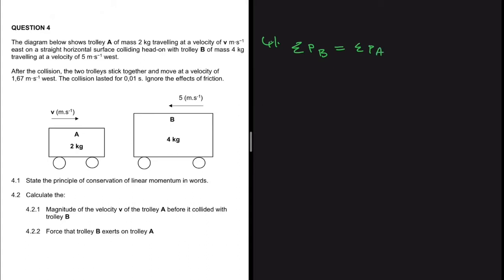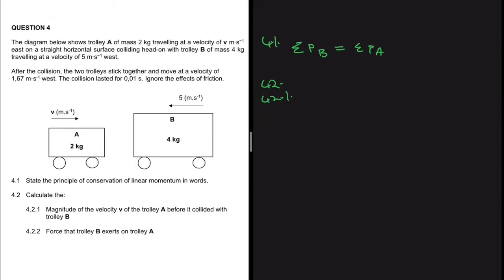And then 4.2 says, calculate the magnitude of the velocity v of trolley A before it collided with trolley B. In 4.1, we stated the principle of conservation of linear momentum.